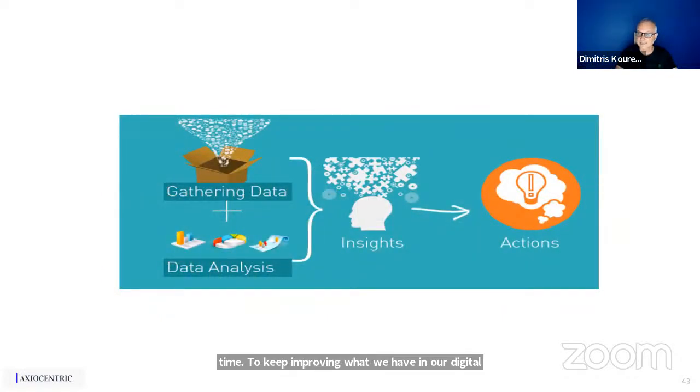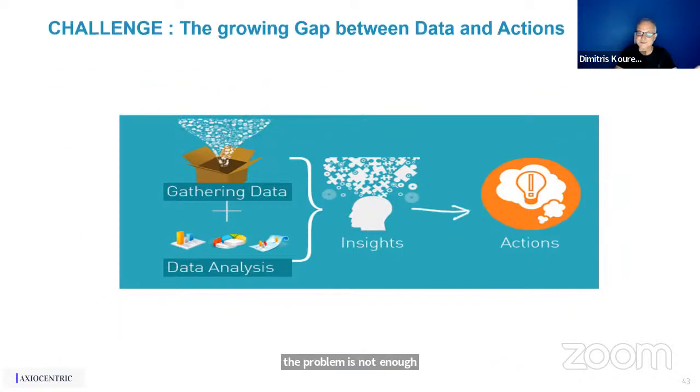We have a lot of data, we have a lot of analytics, but the problem is not enough insights and not taking actions. There is a growing gap between accumulating data, creating reports, and acting based on data.